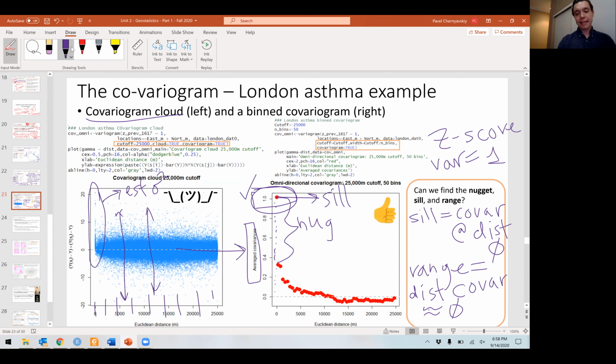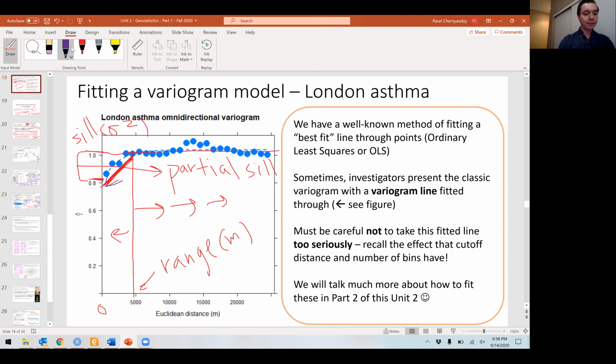And I'm using teeny tiny bins here of about half a kilometer. So the range looks to be longer here than in the variogram picture. In the variogram picture, my range was about 5 kilometers, and in this picture, it looks like somewhere between 5 and 10 kilometers.